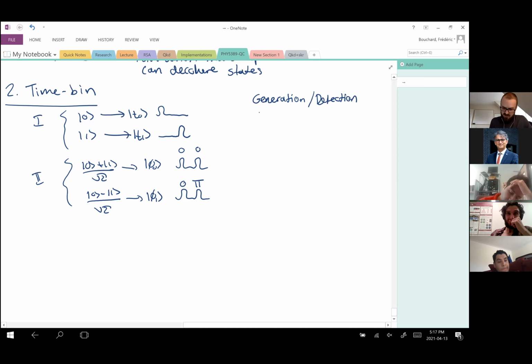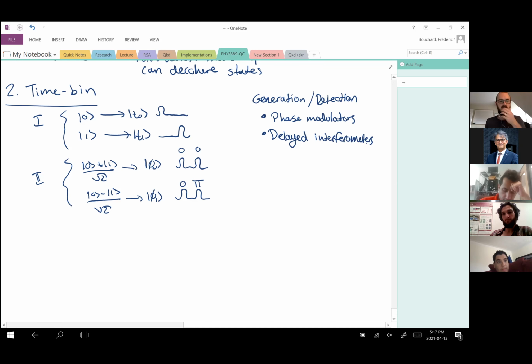Generation and detection. To generate these kinds of states, you need phase modulators to control the relative phase between them, or intensity modulators to carve them out. You also need delayed interferometers to measure the relative phase.